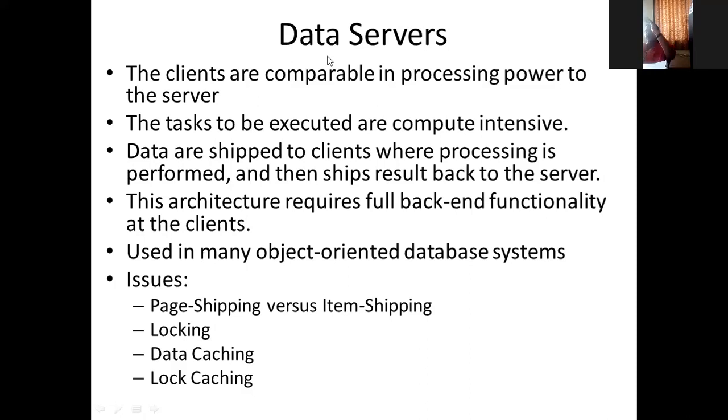So the entire page is shifted to the client side for performing that transaction. That is page shipping. What does atom shipping mean? Only a single record, only a single tuple, will be sent to the client side. That is atom shipping.